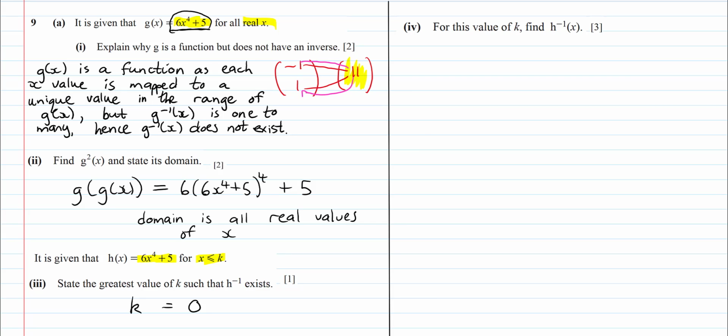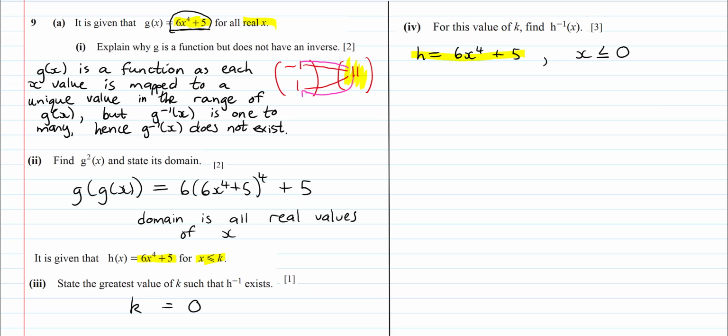Part 4, for this value of k, which we just found is 0, find h inverse of x. We'll start by writing out our function h, which is equal to 6x to the power of 4 plus 5 for x less than or equal to 0. To find the inverse of h, we want to make x the subject, and then at the end we can swap the x and the h around.